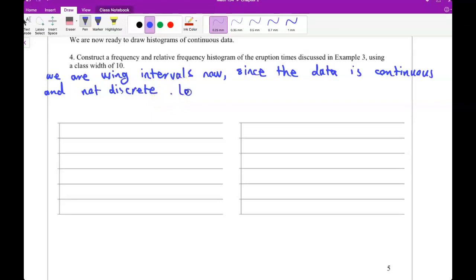So here we should label our x-axis with lower class limits. Okay. So here is an option of... what was that one?